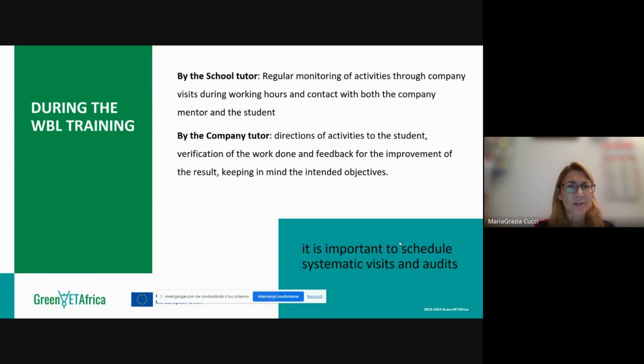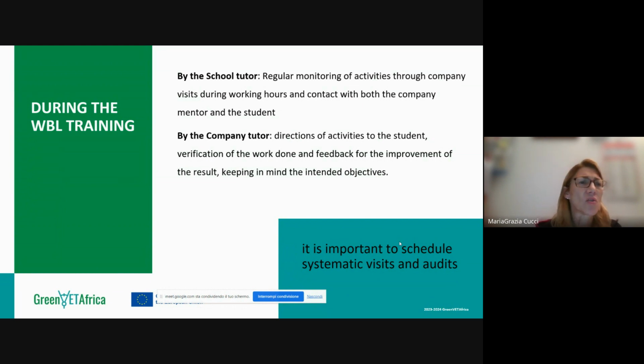Then, following the modules that we saw in the second lesson, we prepare the starting part of the experience. We prepare the learning plan. We go through it with the company tutor, and then the experience begins.